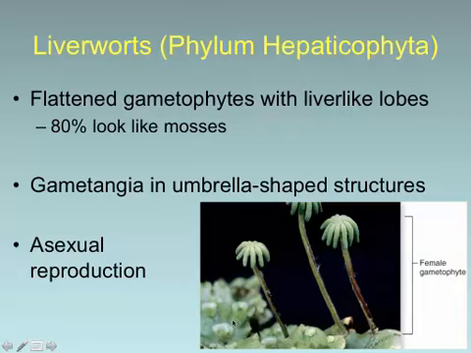In the background of this picture, you can see these little cups back here, and these are called gemmae cups. Gemmae is spelled G-E-M-M-A-E, if you're playing along at home. Gemmae cups are for asexual reproduction.